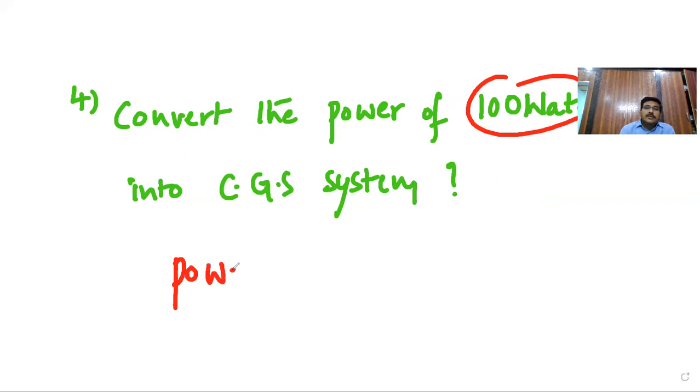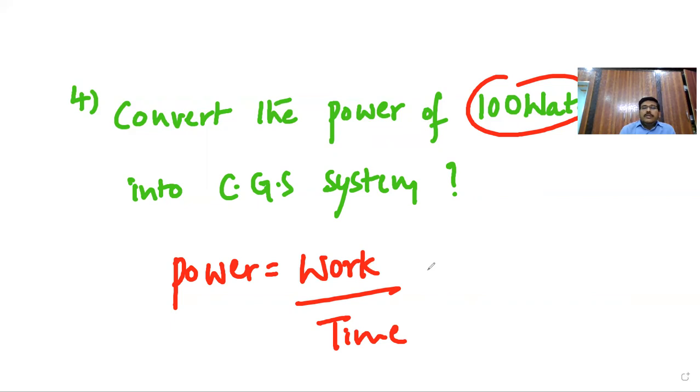Power is simply defined as work by time. Basic definition. What is work? The unit of work is joule, and time is second. So I can say power has the unit joule per second, and this joule per second can also be called the watt.